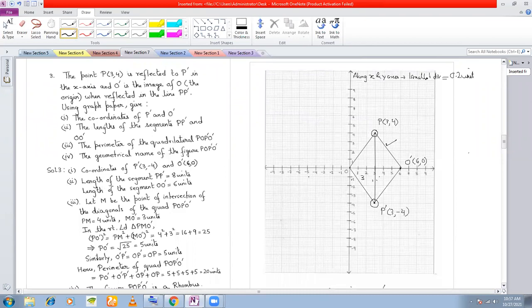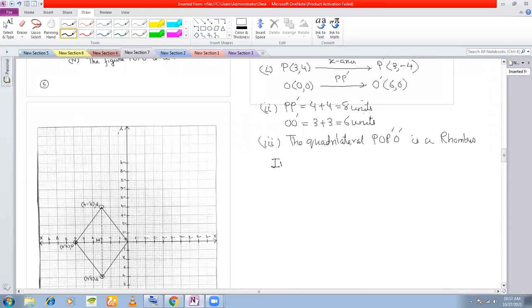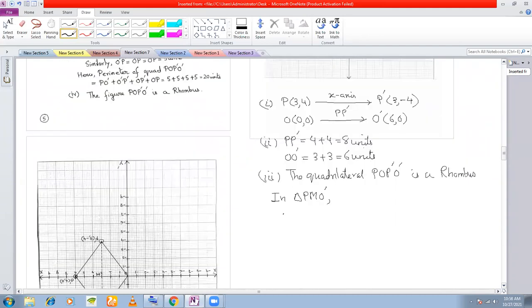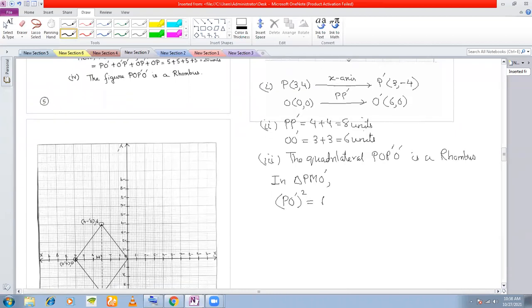So let's just find out the length of this side. Now you see here, if I call this point say M, then this is a right angle triangle in which how much is this length? 4 units. This length is 3 units. So you can find out the hypotenuse by Pythagoras theorem. Let's proceed. So in triangle P M O dashed, you have P O dashed, which is the hypotenuse, square is equal to P M square plus M O dash square.